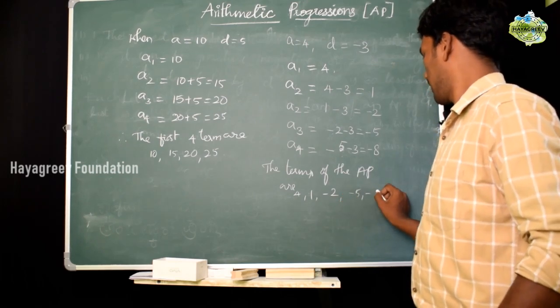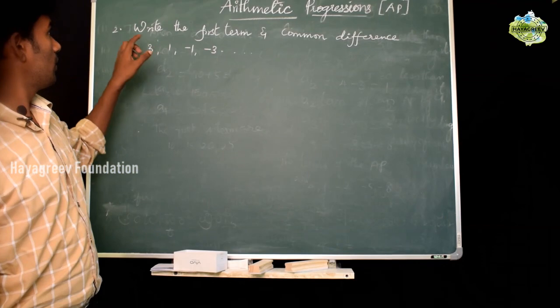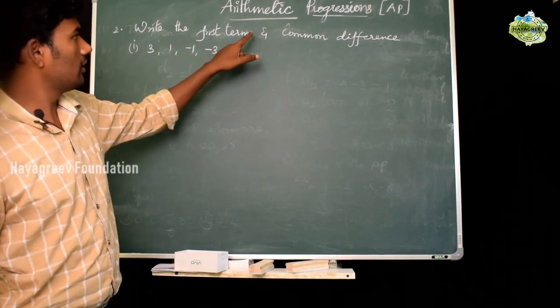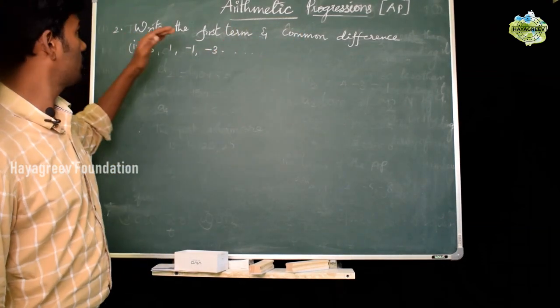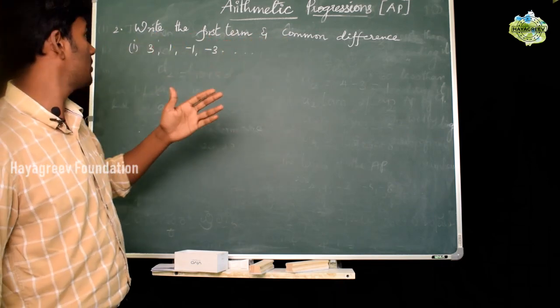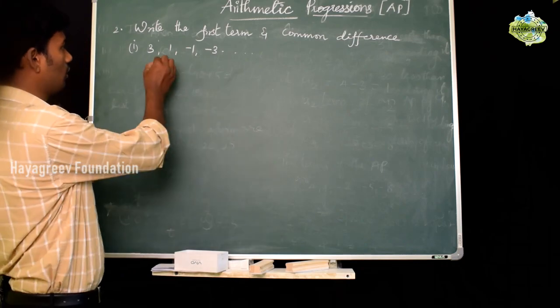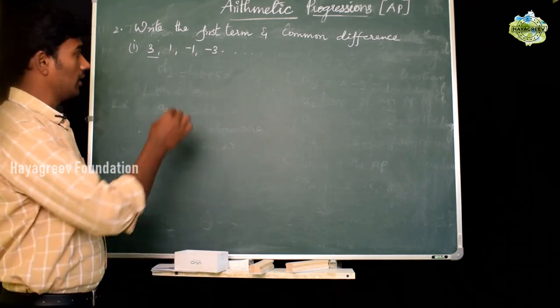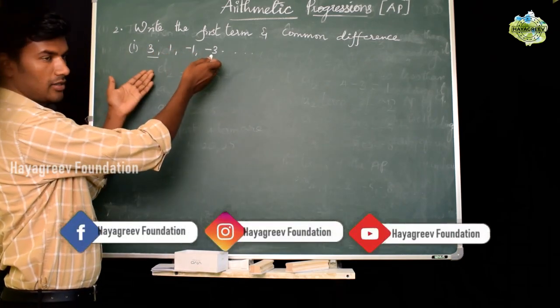of the AP are 4, 1, minus 2, minus 5, minus 8. Now, let us find the first term and common difference when the complete AP is given. So, write the first term and common difference in the given AP. Each number in that list is called a term.